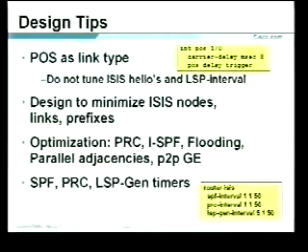So let's try to summarize what we learned in terms of suggestions for low-level design for fast convergence. POS is the best link type you have currently, thanks to the link failure detection that you have from SONET and SDH. You do not want to tune ISIS hellos if you have POS. It will give you no benefit.